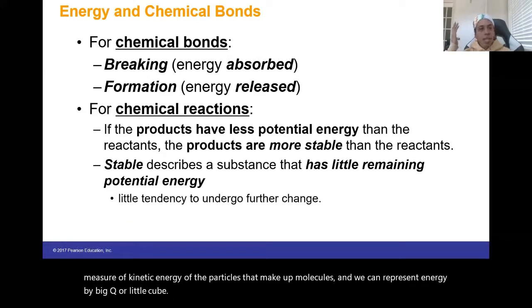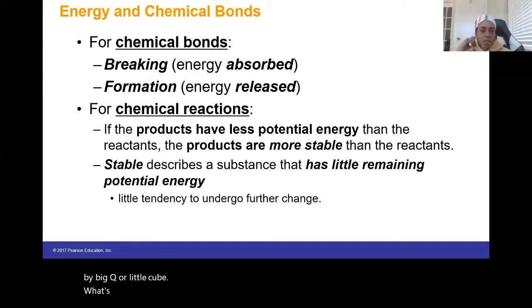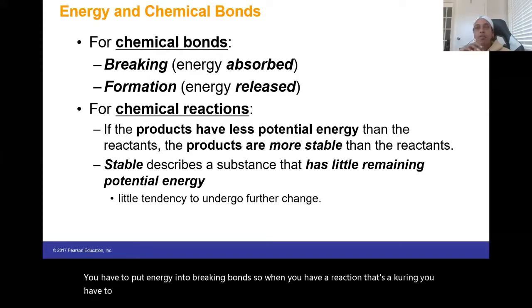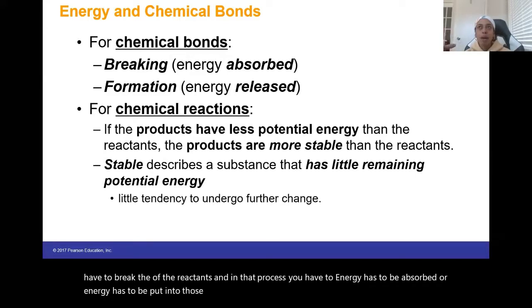So what's happening in chemical bonds? Well, for chemical bonds, you have to put energy into breaking bonds. So when you have a reaction that's occurring, you have to break the bonds of the reactants. And in that process, energy has to be absorbed, or energy has to be put into those compounds to break those bonds, right?